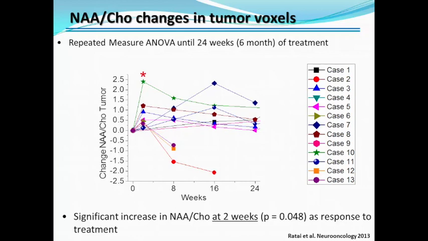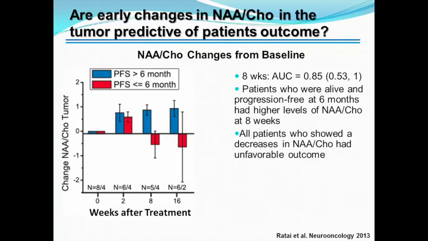It looks pretty busy, but you remember, NAA is the marker for neural health and choline is the marker for tumors. So if it goes up, it's a good sign, right? It looked like at 2 weeks it all went up, and then it went all over the place. When we distinguish between progression-free survivors and non-progression-free survivors, it looks a bit cleaner.